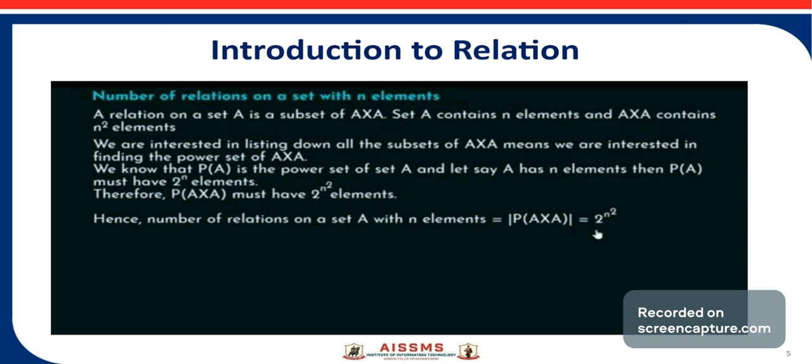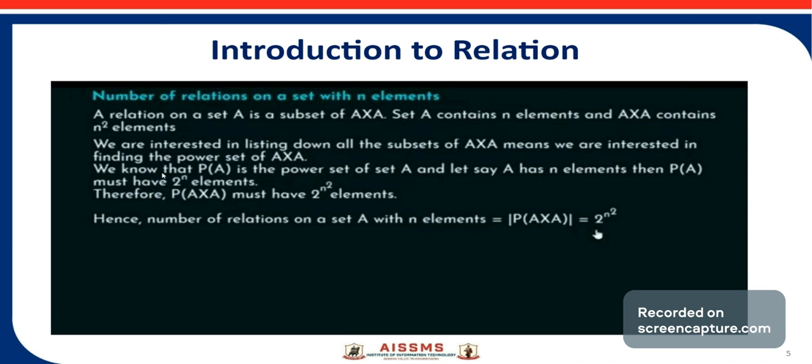We know how to represent this power set, that is P of A. So here P of A is the power set of set A, and let's say set A has n elements, then P of A, that means the power set of A, must have 2 raised to n elements.